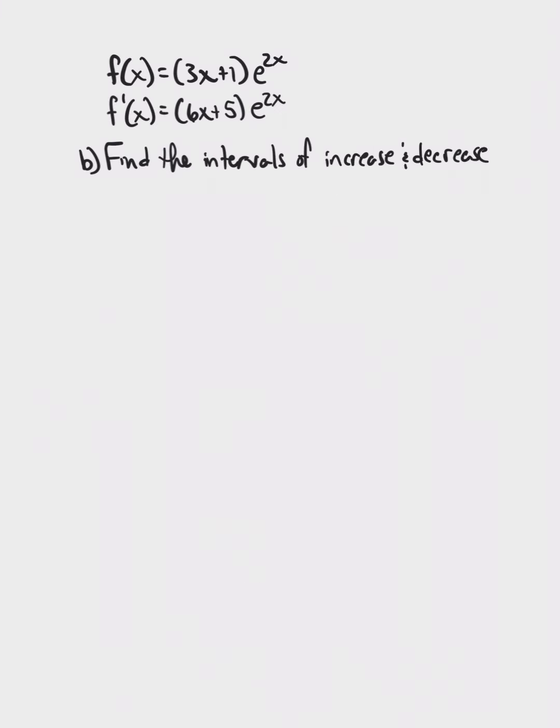Okay, so I'm just picking up where we left off. Here's our function and here's its derivative. And now we want to find the intervals of increase and decrease. All right, and so what we do is we get our critical numbers. Okay, we only have one here. So this ends up being a little bit nice.